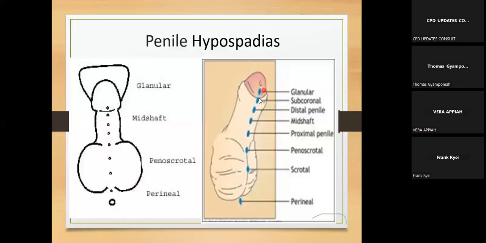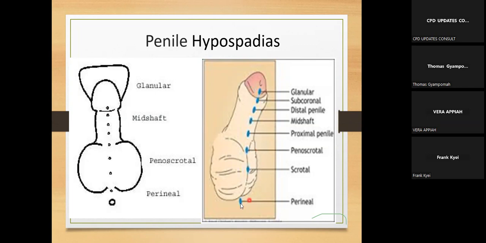Now, anywhere along this line, the urethra can open. So instead of opening here, it can open. So this is the glans, so it becomes glandular. Okay, and then the subcoronal, that's the head of the penis. The ring down is subcoronal. So all we are saying is that instead of opening here, it can open along any of this line. And so the further it goes, the more severe the situation is.